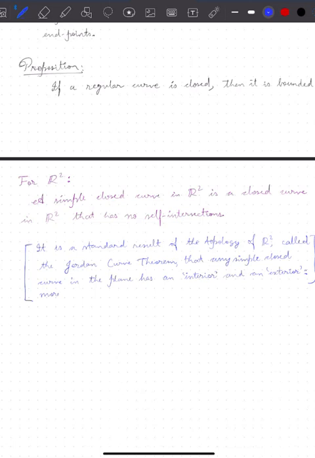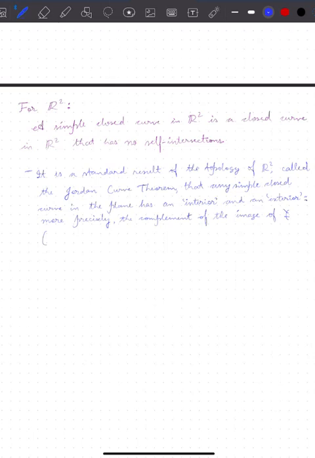More precisely, the complement of the image of gamma vector, and as we recall, the complement of the image of gamma vector is the set of points of R2 that are not in the image of gamma vector.